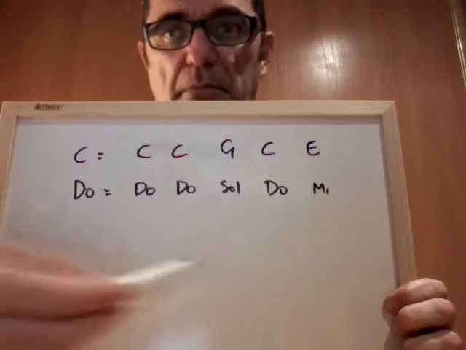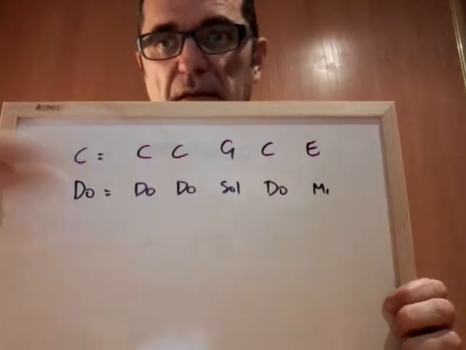Entonces, mirándolos, si quitamos los que se repiten, if we remove the ones that are repeated, we've got C, E, G, do, mi, sol, ¿vale? And that is the beginning of the chord. So a chord is 3 notes played at the same time, simultaneously, right?